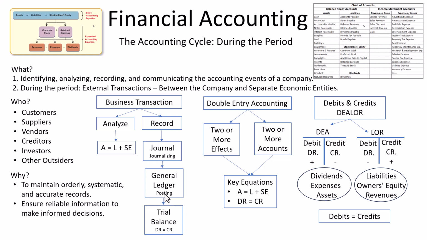Once all the journal entries are posted to the general ledger, we prepare a trial balance. The sole purpose of the trial balance is to prove that debits equal credits. If debits don't equal credits, something is wrong. The trial balance will list all of the company accounts.